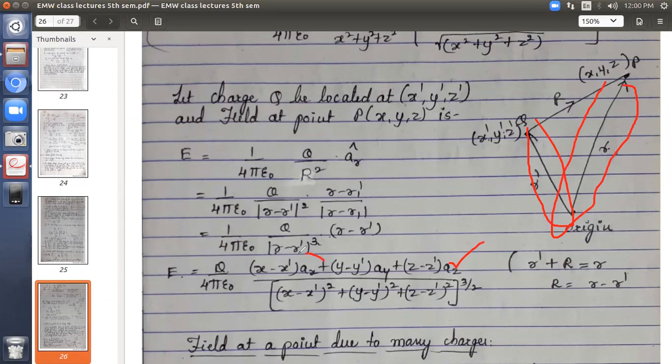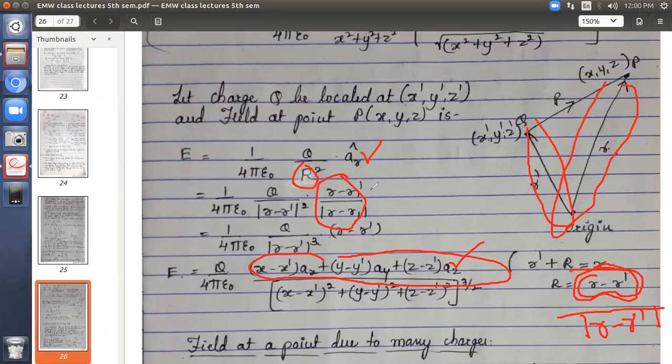If this is your vector given, this is your position vector r minus r dash. So what will be the unit vector? The unit vector will be the vector divided by its magnitude, r minus r dash. That's what I have substituted here. So any unit vector will be the position vector, whatever the position vector is, divided by its magnitude.